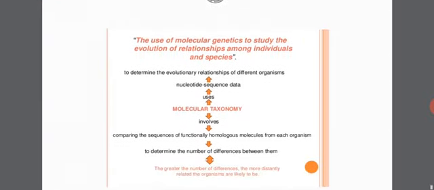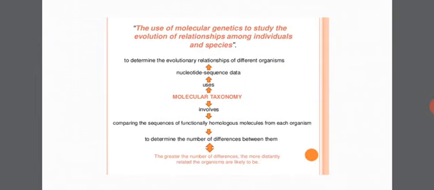And the use of molecular genetics to study the evolution of relationships among individuals and species, to determine the evolutionary relationships of different organisms, is by the use of nucleotide sequence data, and that is by the use of molecular taxonomy.